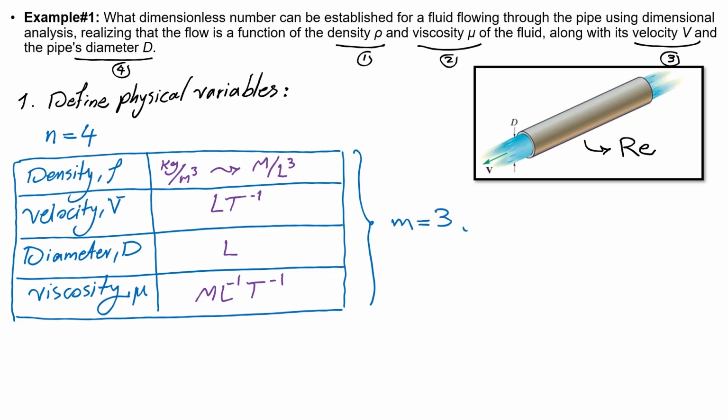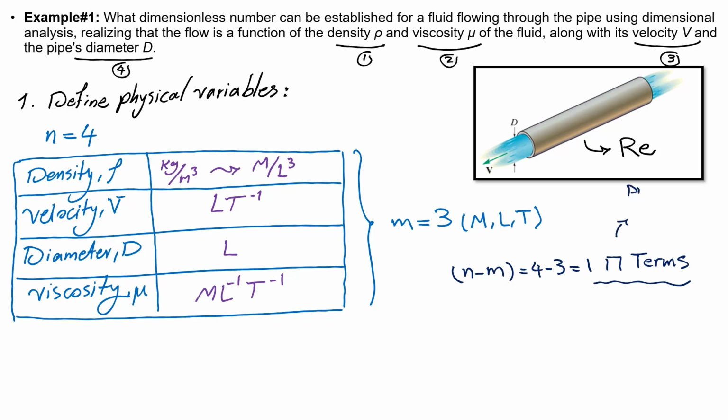Now, since m is 3, remember that we can have n minus m pi numbers, which would be 4 minus 3 equals 1 pi term. And this pi term is your dimensionless number.